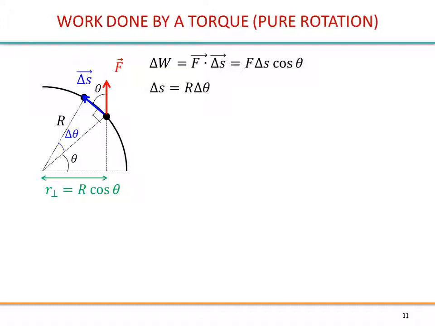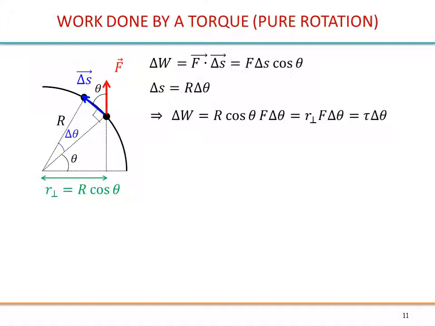Okay, so we have to estimate delta S. It is R distance multiplied by delta theta, so we can replace this in the equation: R cos theta F delta theta.